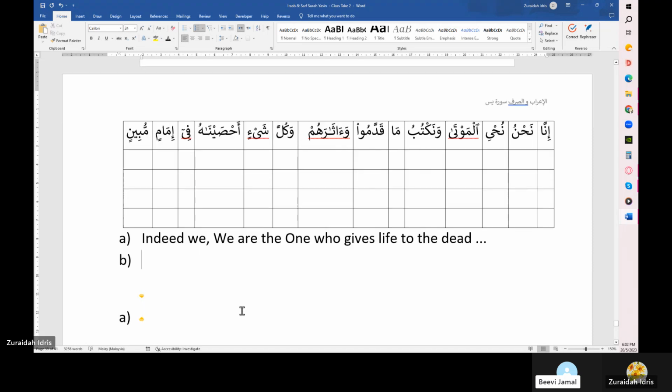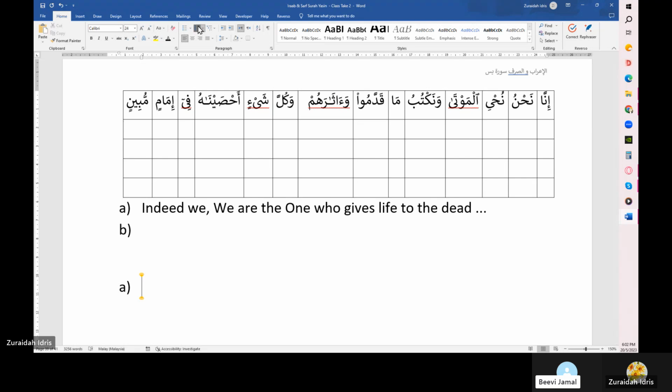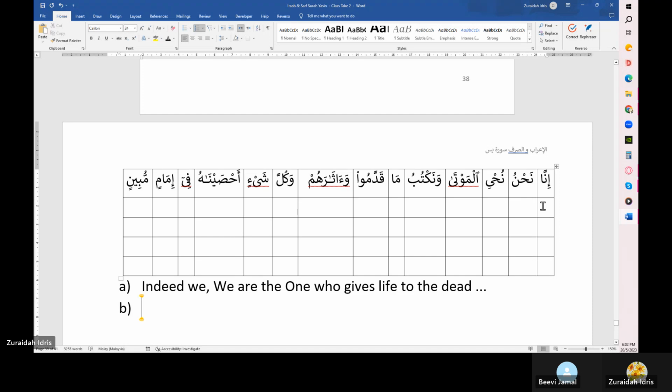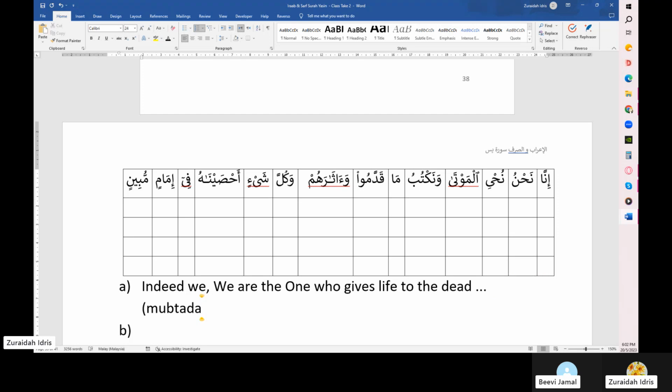So, indeed we are the one. When it's emphasis, not fasl, not mubtada, this is probably the translation for mubtada and fasl.